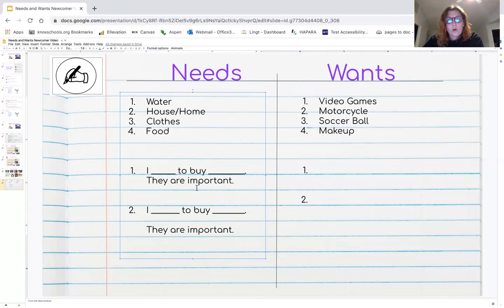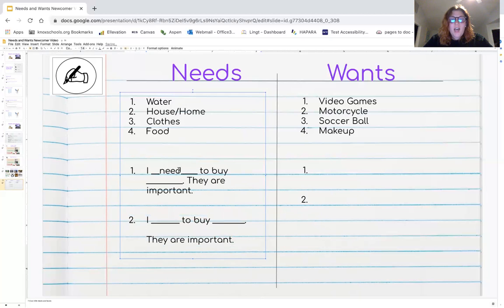They are important. So if we are in the needs column, do we need to buy it or do we want to buy it? Need, we need to buy it. So I need to buy what?